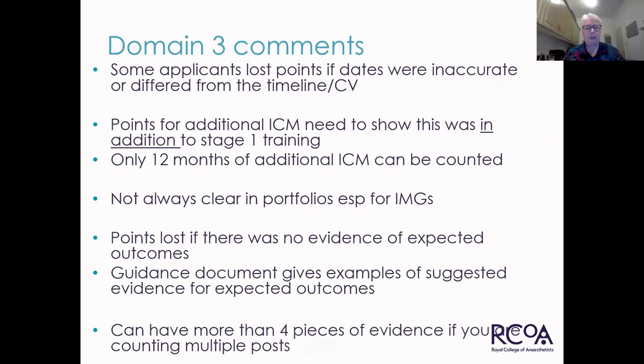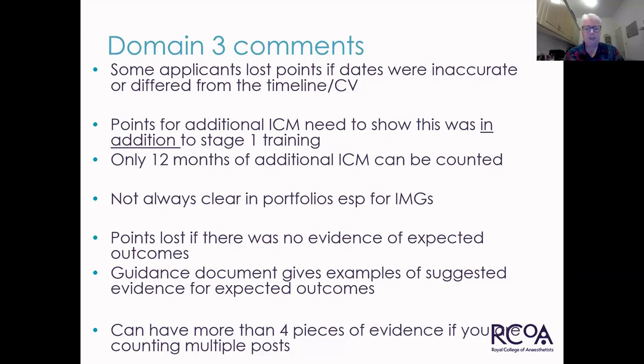Next slide. So the other point to make is that you can count up to 12 months of additional ICM, but this needs to be in addition to your stage 1 training, because obviously you get 6 months of ICM as part of stage 1 training. So it has to be in addition to this. In the past, it's not always been very easy for the assessor to see exactly how much someone has done in ICM, particularly if you've done ICM abroad, so make sure that is clear in your portfolio application.